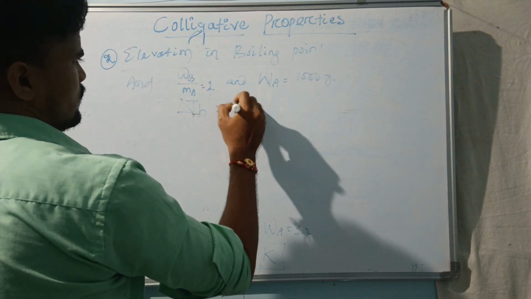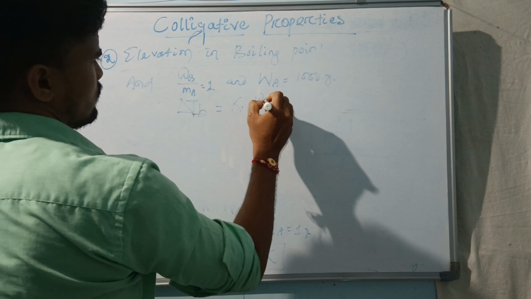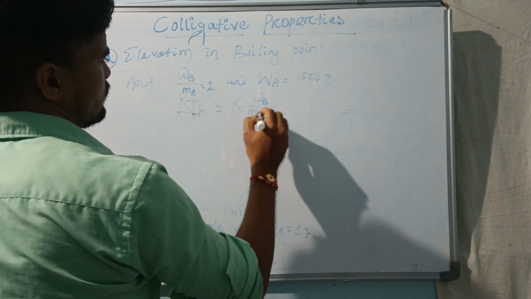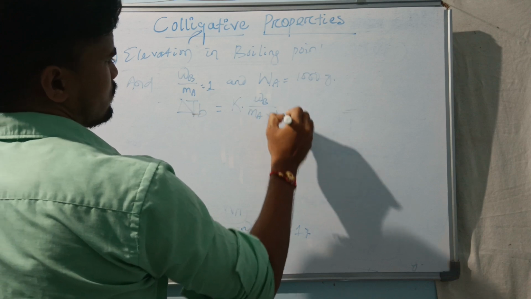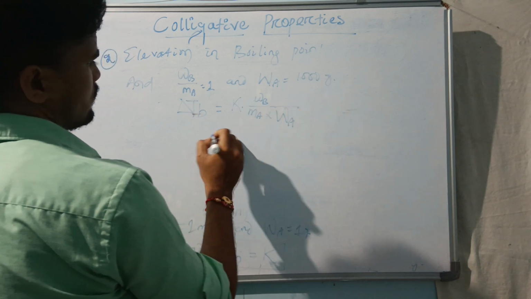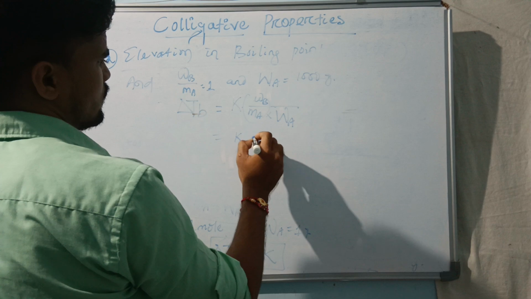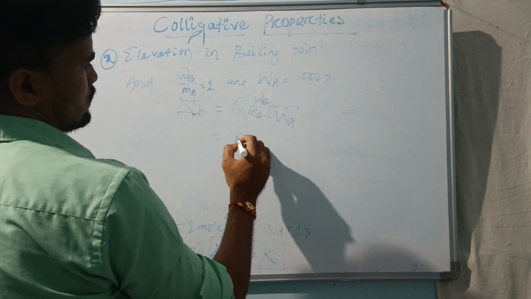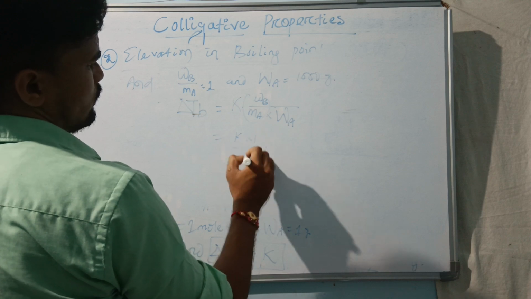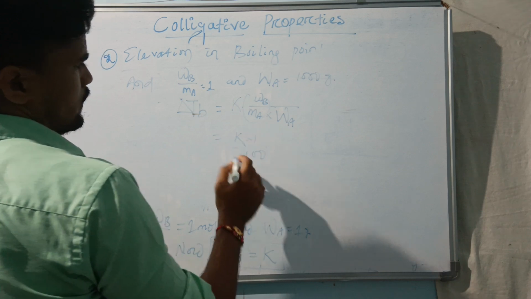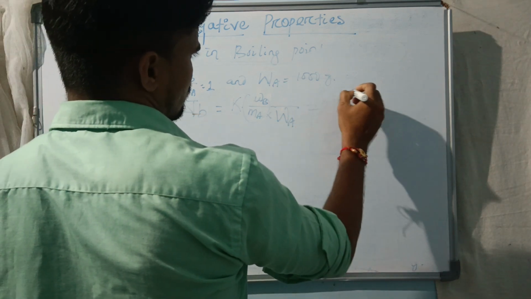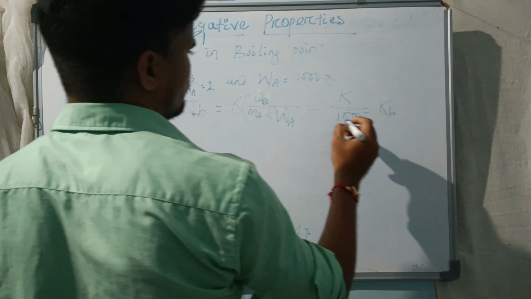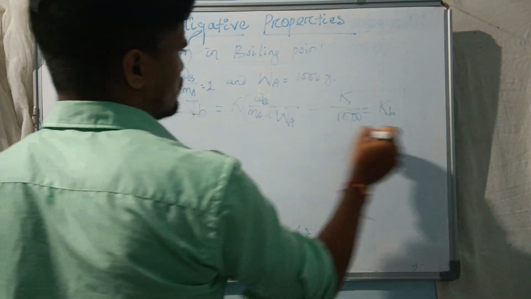K is there. The formula is K into WB divided by MA into WA. So K into 1 into 1, divided by 1000. So this is K upon 1000, which is equal to KB. Okay.